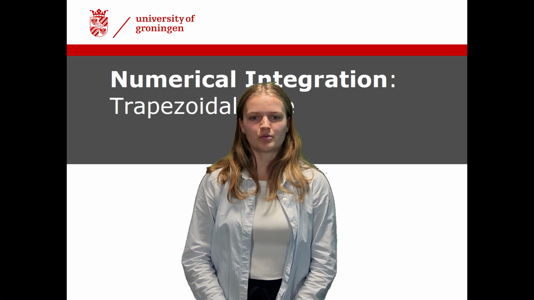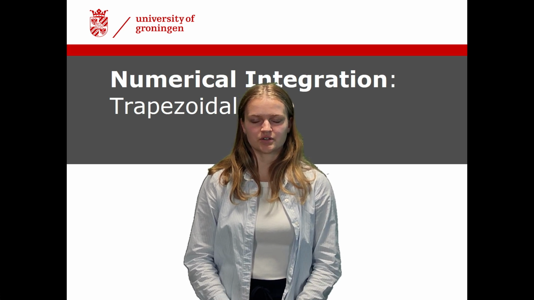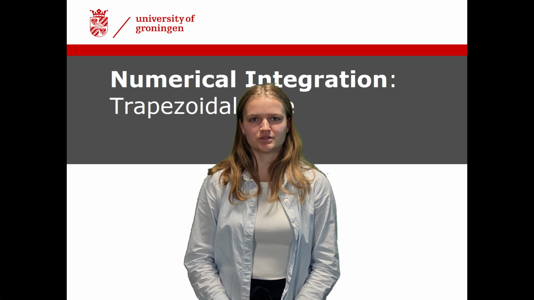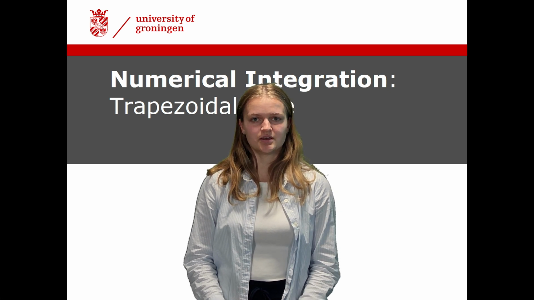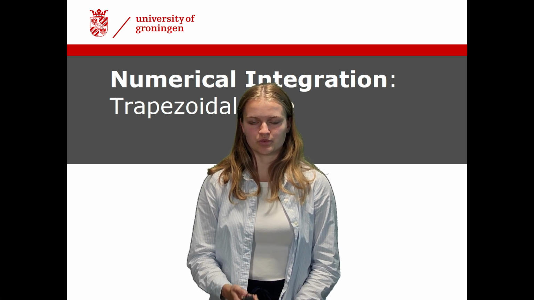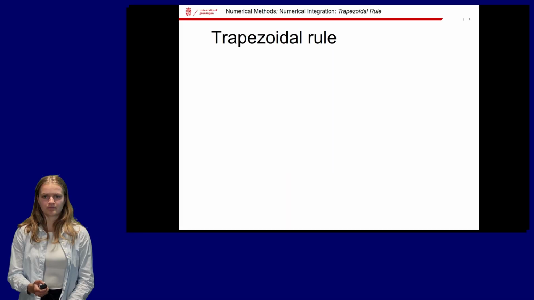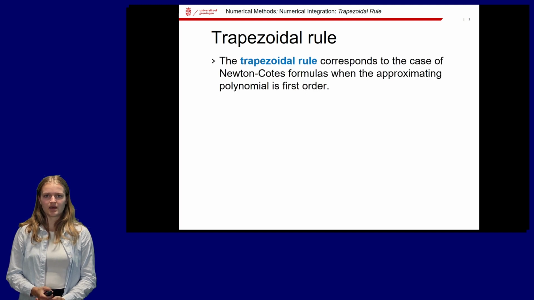In this video, I will be explaining the first of the Newton-Cotes formulas for numerical integration, namely the trapezoidal rule. So the trapezoidal rule, like I said, is the first of the Newton-Cotes formulas, and they correspond to the case in which your approximating polynomial is of the first degree.